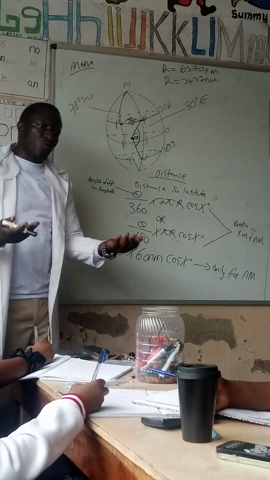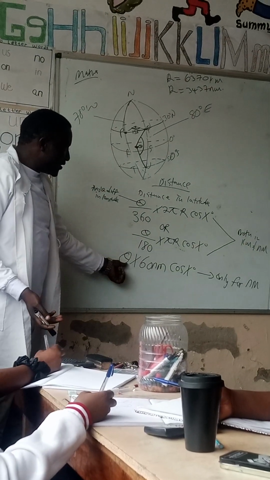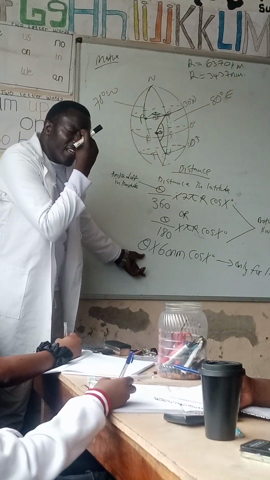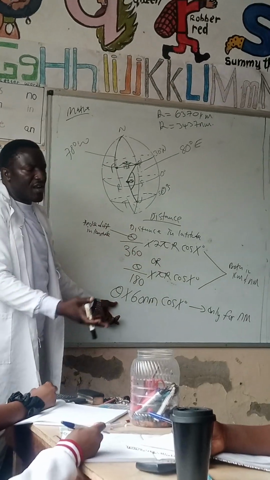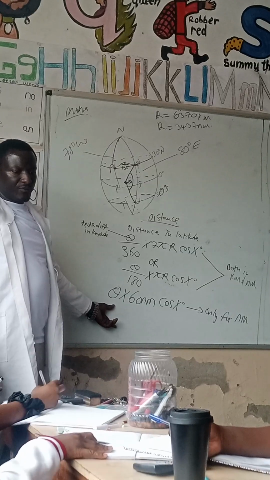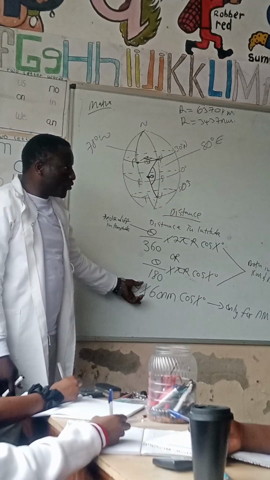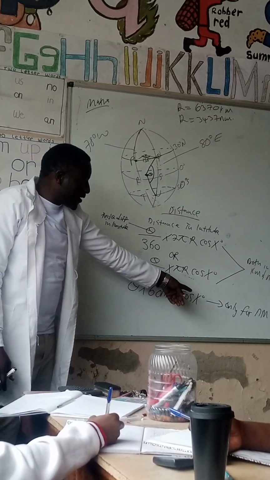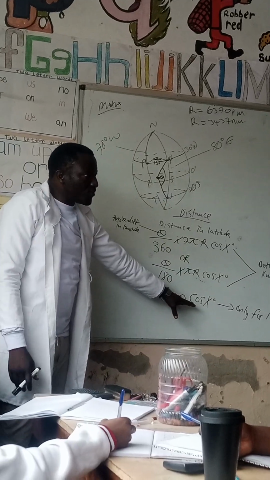So be the first one to discover a formula that can be used only for kilometers. As I also struggle to find the formula, I've been researching, and my research is almost done.